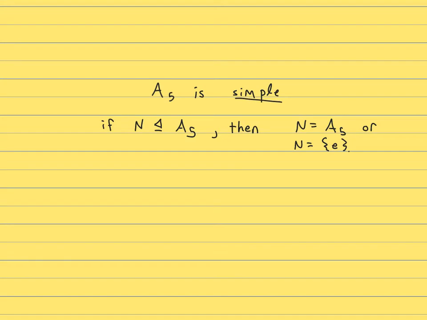And so the proof of this fact, and why it's related to conjugacy classes, comes from a fact that any normal subgroup must be a union of conjugacy classes.